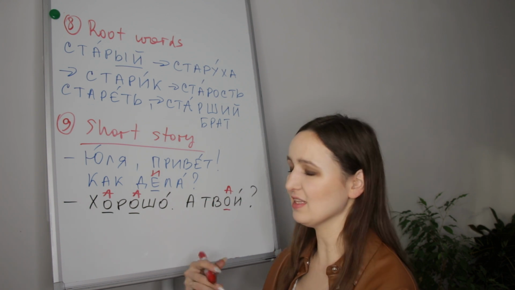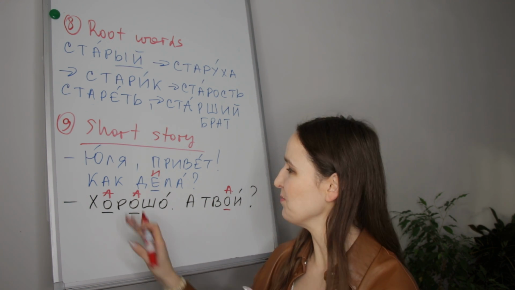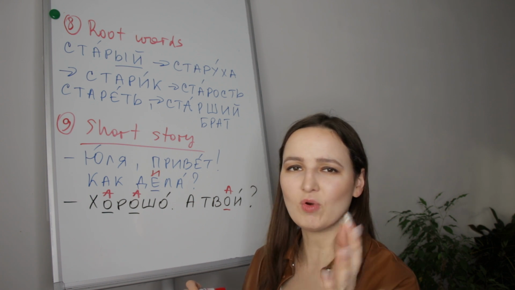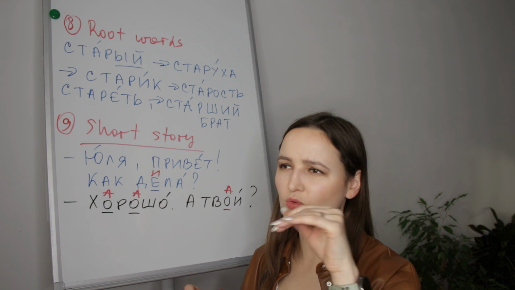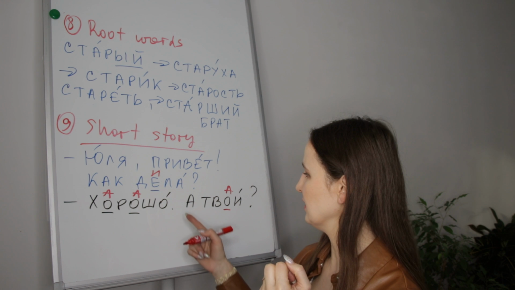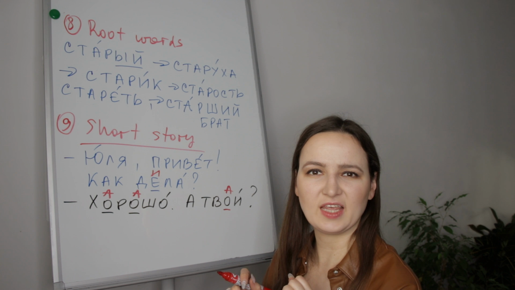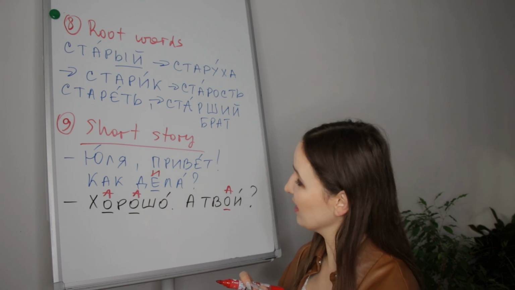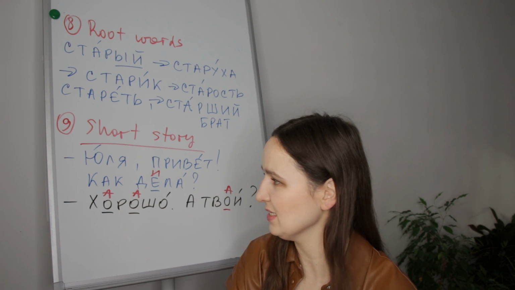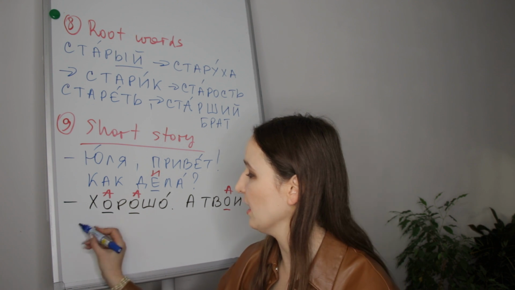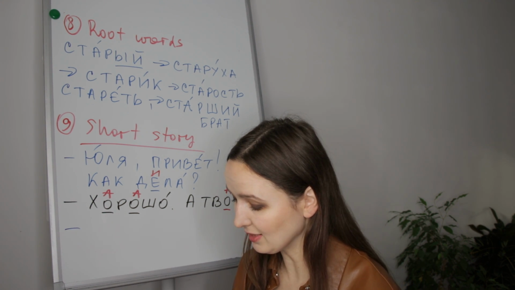А твои, and how are your things? Как дела literally means how are your things? How's your business? Something like that. Хорошо. А твои: good, and your things, your business. And how are you? Basically, this is what it means.